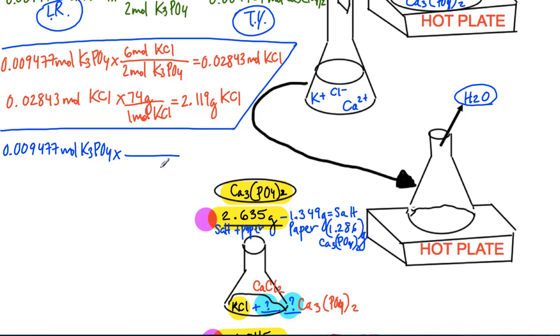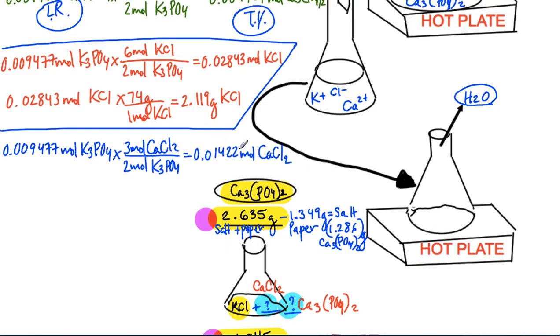You multiply that times your excess reactant, 3 moles of calcium chloride for every 2 moles of potassium phosphate. When you do that, 3 over 2, you get how much you used, which is 0.01422 moles of calcium chloride.